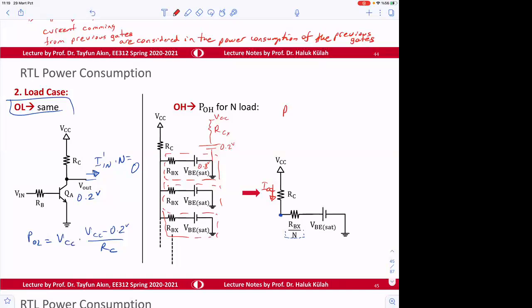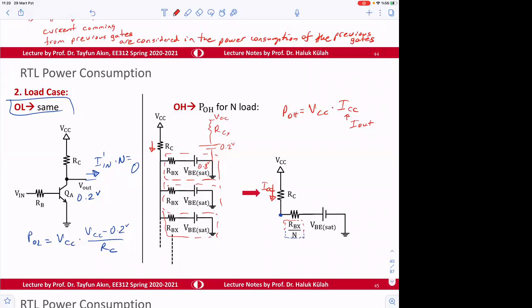So P output high is going to be equal to VCC times current. So this current, we can say that I out or ICC, and ICC is going to be equal to I out, and then that can be determined from here. If there are n of them, you know, we can make this representation.